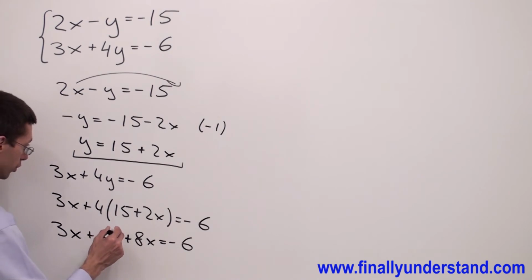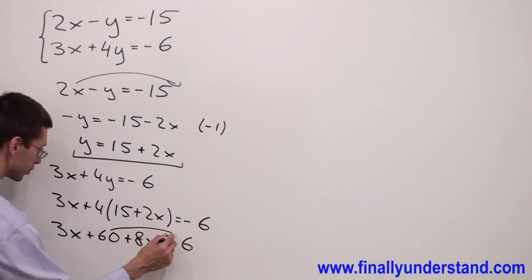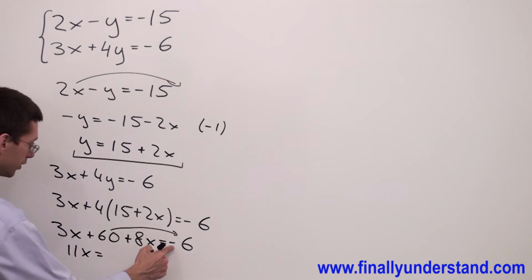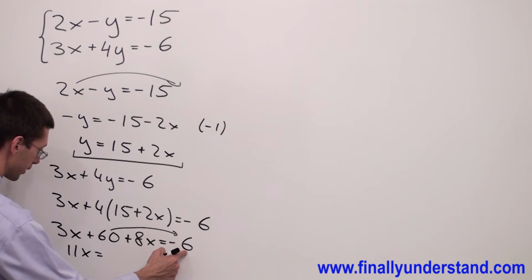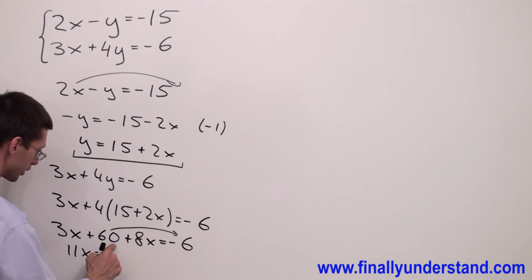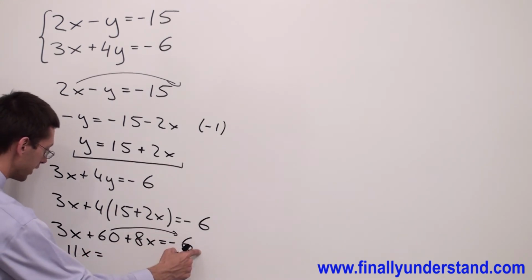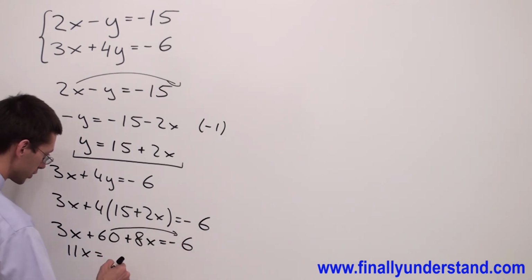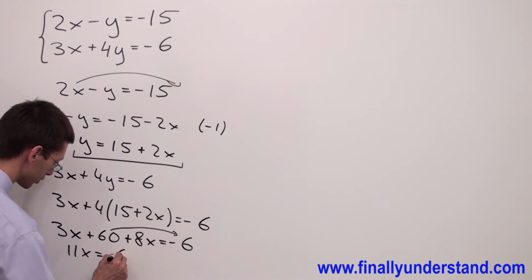I'm going to move this 60 to the right side, and we're going to have 3x plus 8x gives me 11x equals, I have -6, and if I move this 60 to the right side, I'm going to have -60. So -60 and -6 is going to give me -66.